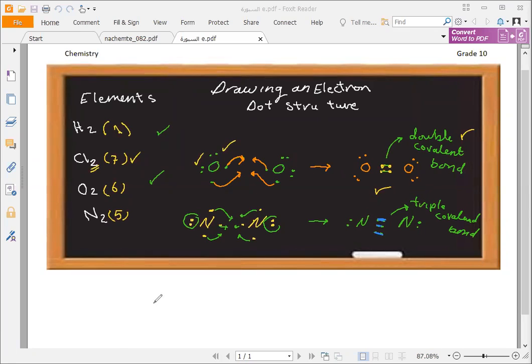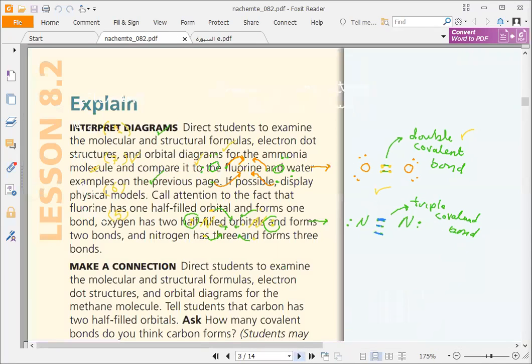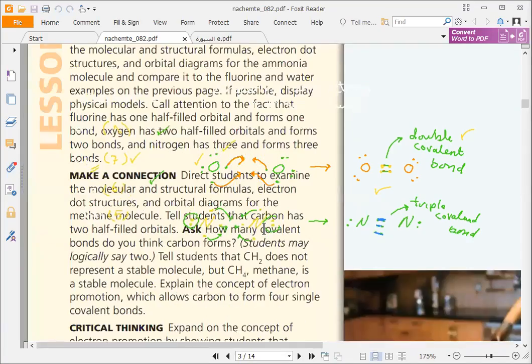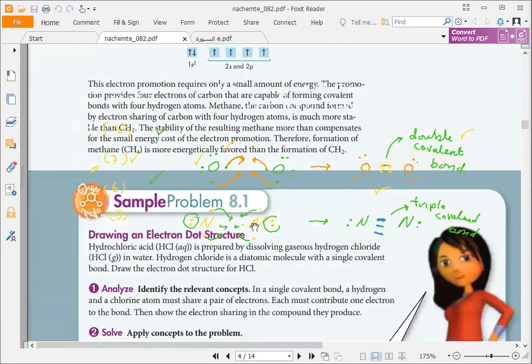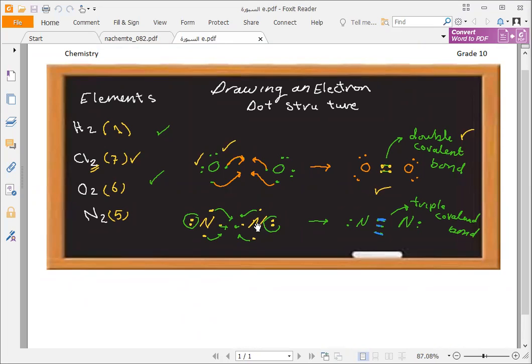You can take a screenshot for this part. Finished? Finished, teacher. Okay.